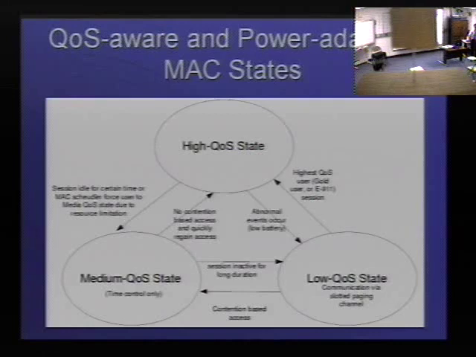Now, this is in the physical layer, building certain MAC to support such a scheme. The other is the QoS in the MAC layer, which has different states. We have a high QoS state, medium QoS state, and low QoS state. High QoS state stands for when the user is ready to transmit and has the token to transmit, then we assign all the traffic channel to that user.